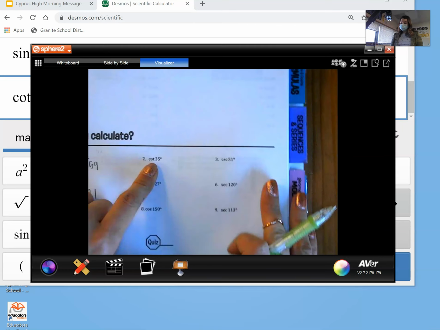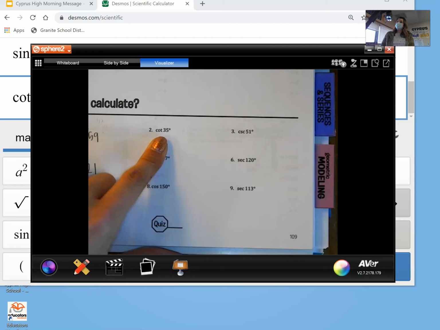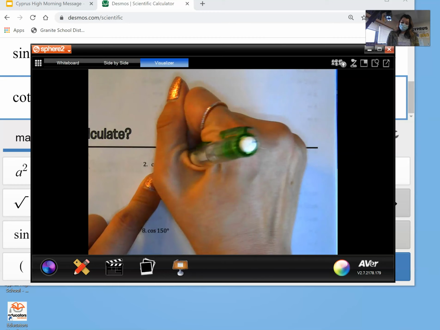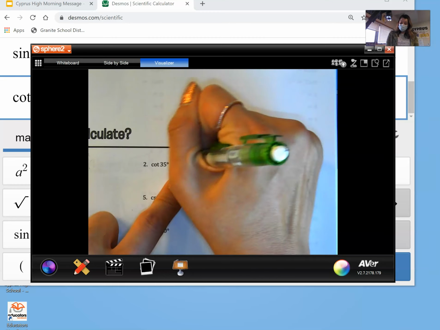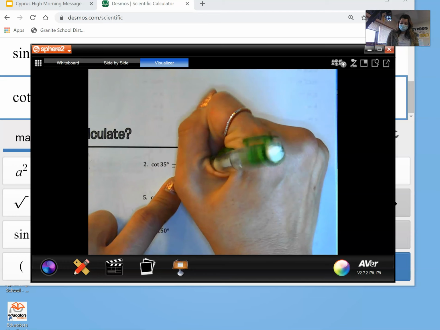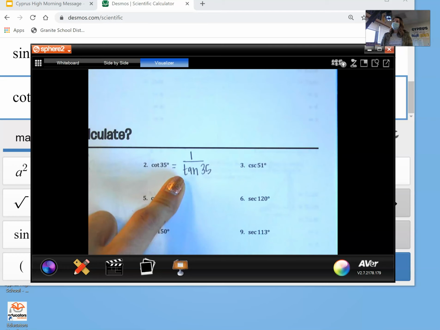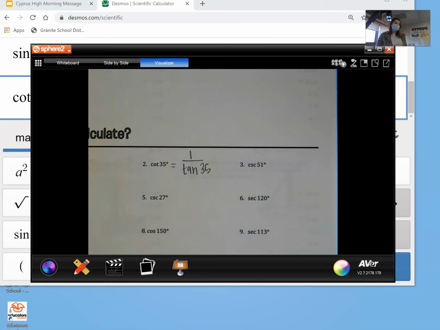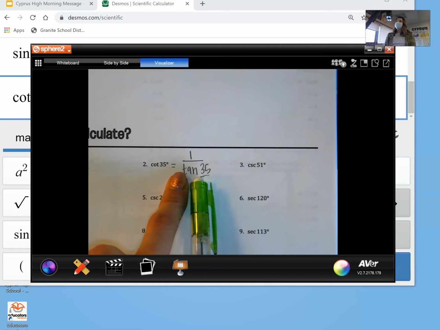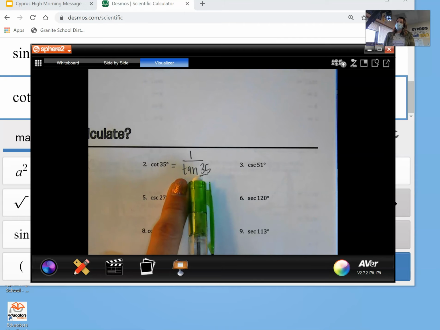So if we want to know the cotangent of 35, what we have to plug in is 1 over the tangent of 35. That's where we use this first set of reciprocals that we learned. If we have to plug it into the calculator, we have to change it to its basic form.